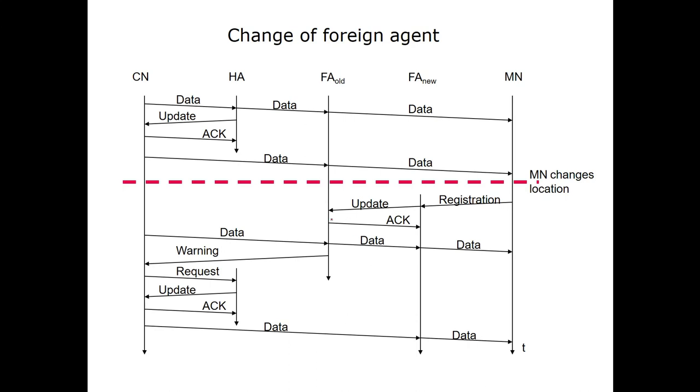When it is updated, it will send the acknowledgement message as updated. When there is a change of foreign agent, it will send a warning message, and after that the request takes place, and once the request is accepted, it will send an update message with respect to acknowledgement.